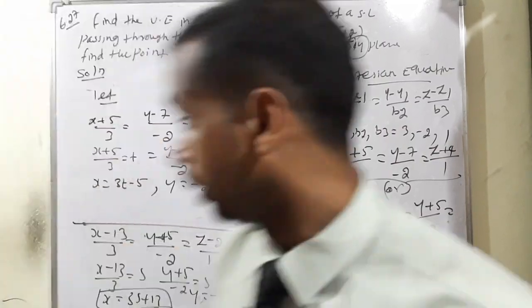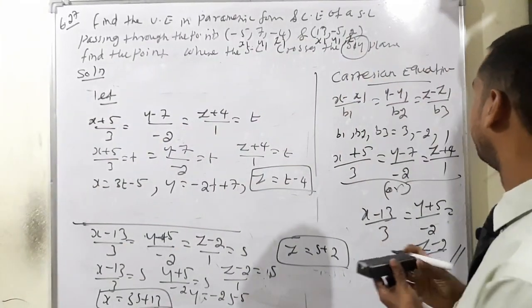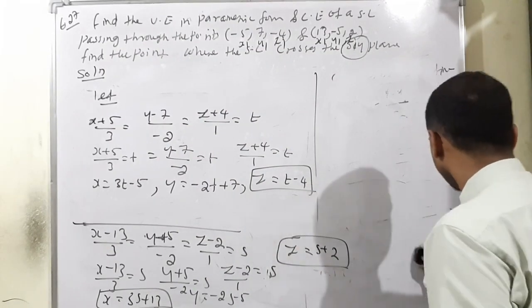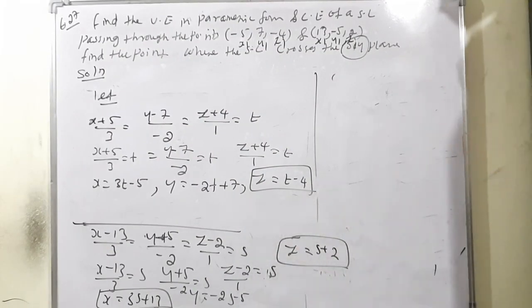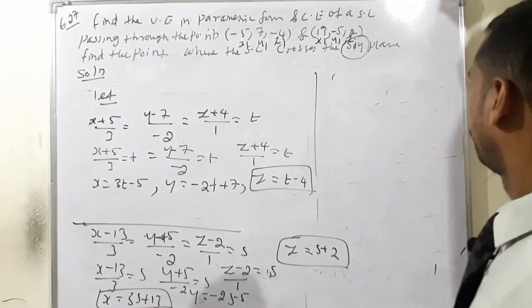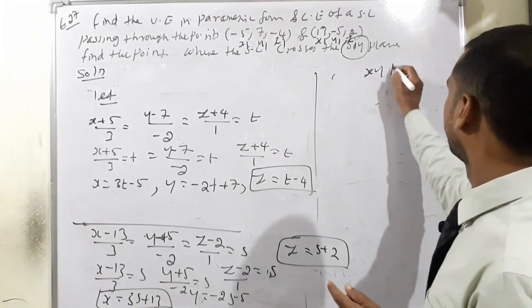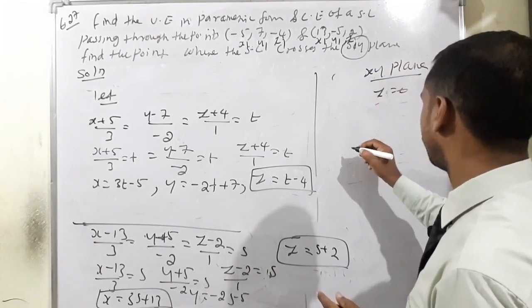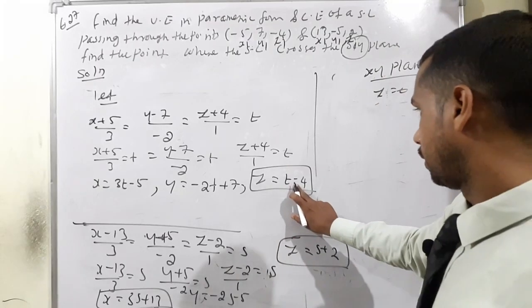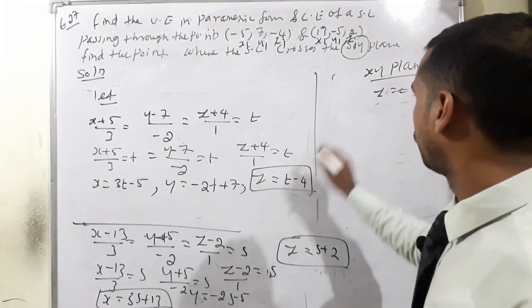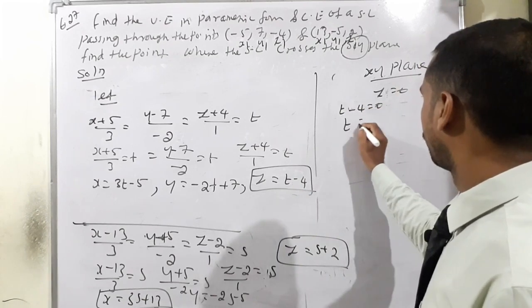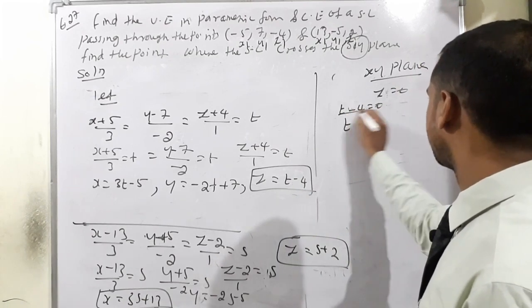The point is actually on the xy plane, isn't it? Now, xy plane means definitely we can say z is equal to 0. Therefore, with the condition z is equal to 0, what will happen? We take t minus 4 is equal to 0. Therefore, minus 4 brought to the opposite side means t is equal to 4.